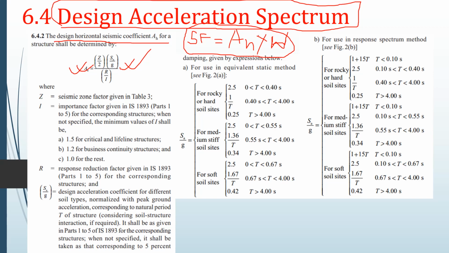We also talked in detail about this design horizontal seismic coefficient, and the product of these two factors will give us the design base shear or the design seismic force.